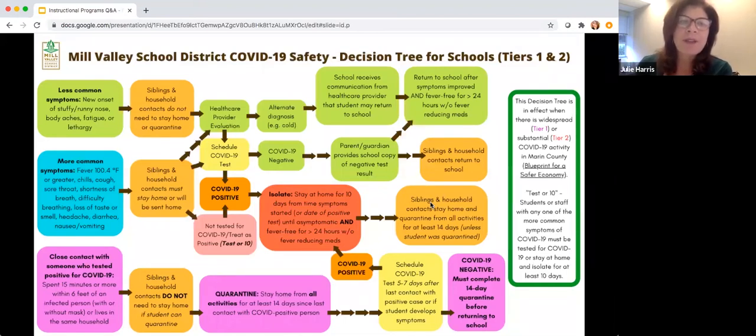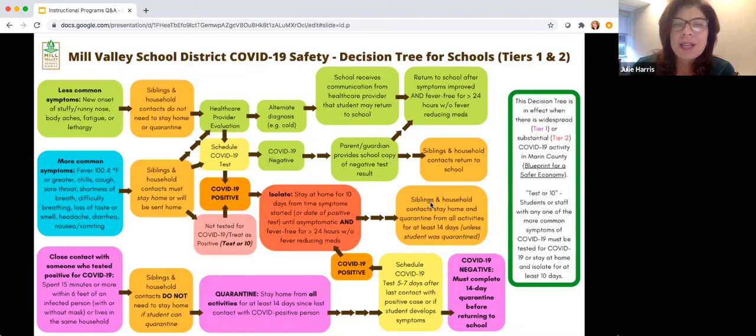For example, if a child has some common symptoms, like a stuffy or runny nose, body aches, fatigue, or lethargy, the siblings in the household do not need to stay home and quarantine. Parents may want to call the healthcare provider, who would guide the family to an alternate diagnosis or perhaps to schedule a COVID-19 test.